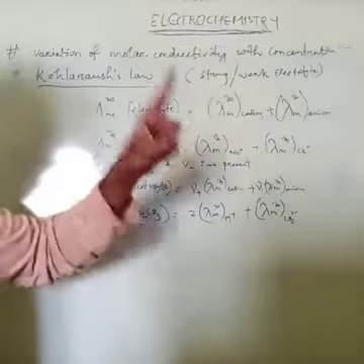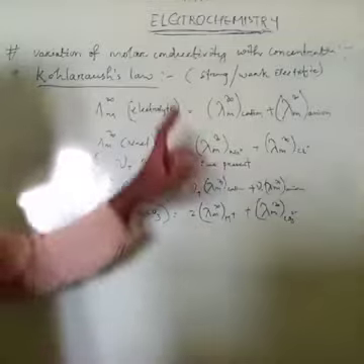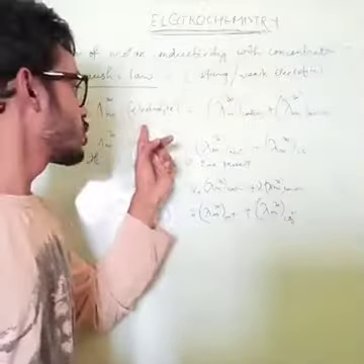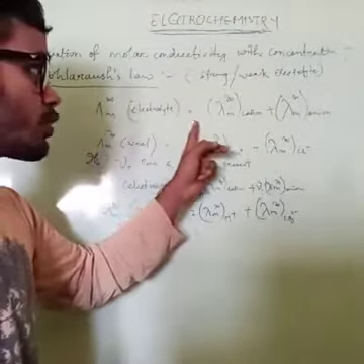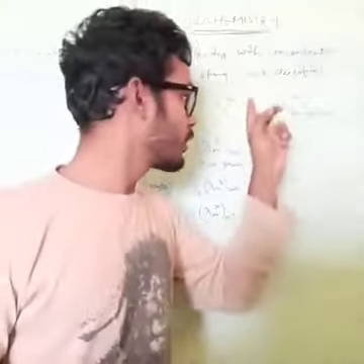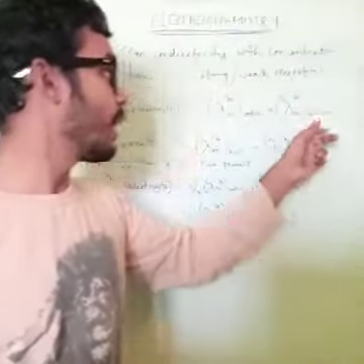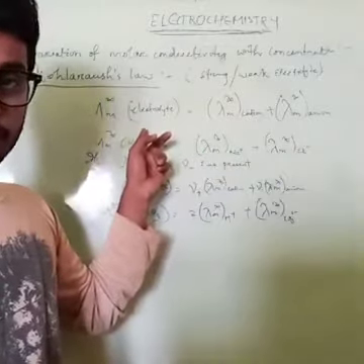At its infinite dilution, it is equal to the sum of the molar conductance of cation and anion of that electrolyte.